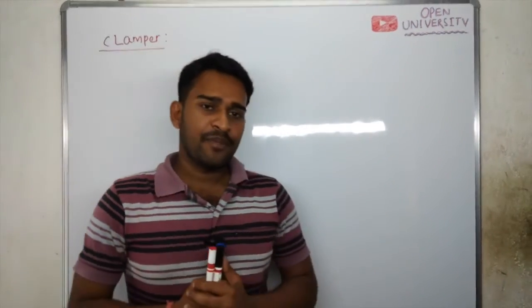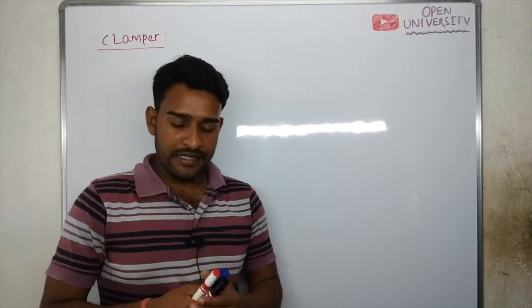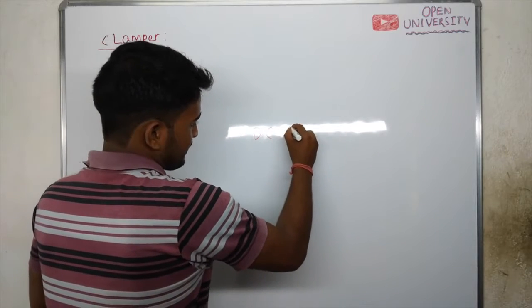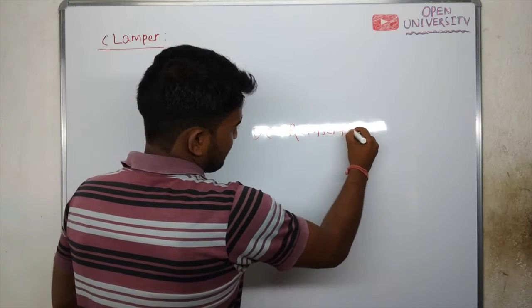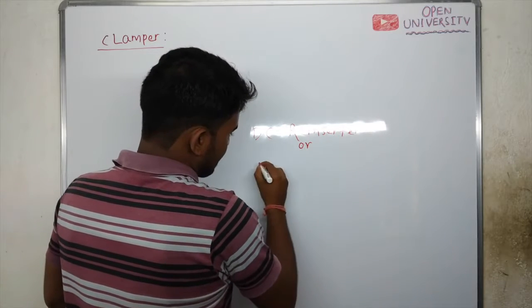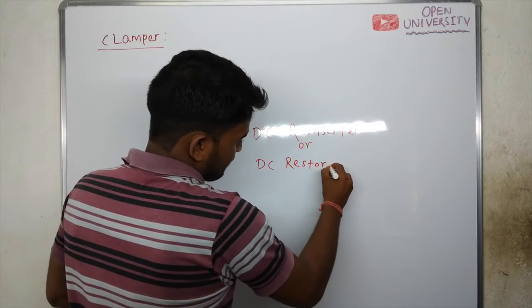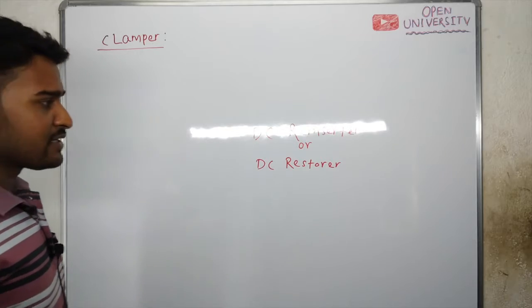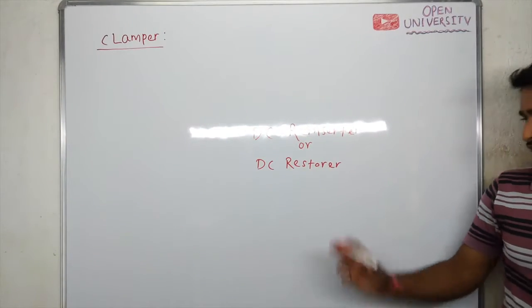See, this clamper is also called a DC reinserter or DC restorer. Why is it called a DC reinserter or DC restorer?